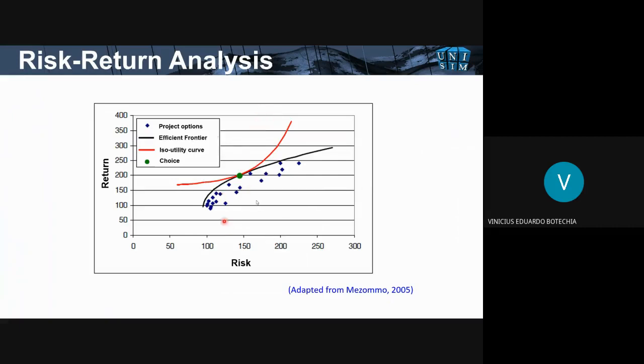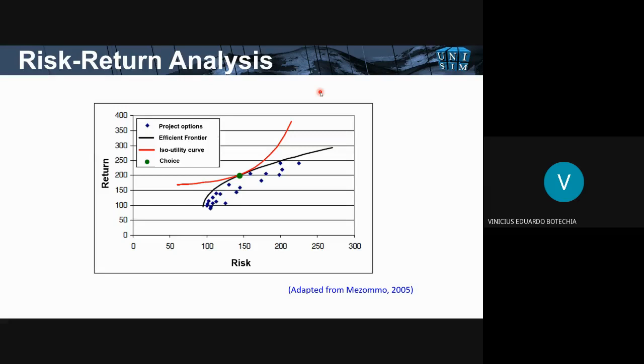Still regarding the risk analysis process, I talk a little bit about this, not entering into details, but one way to choose a strategy considering risk is plotting a risk-return graph, where this is the risk measurement and this is the return measurement. It can be, for instance, EMV and standard deviation here. And this comes from the portfolio theory from Markowitz as well, all right?